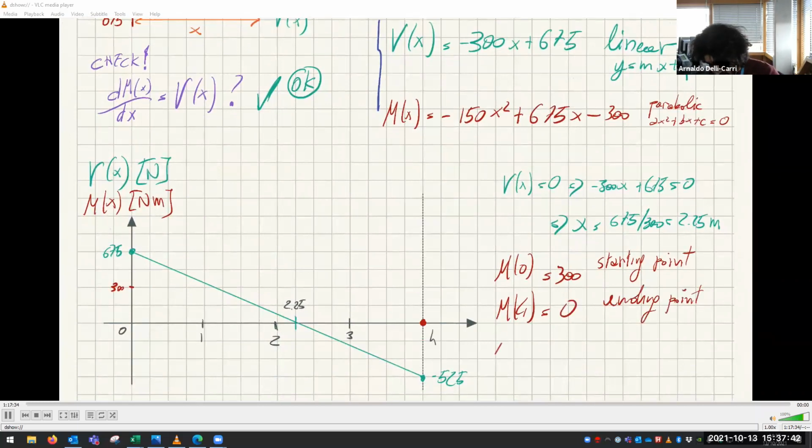And so m of 2.25, because we know this is where it's maximum.